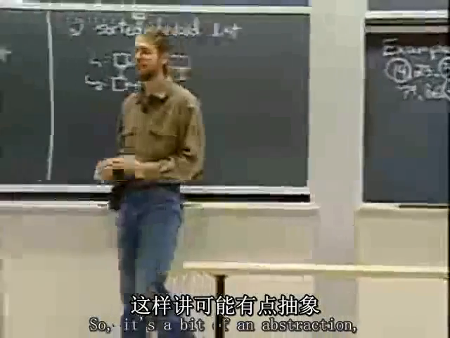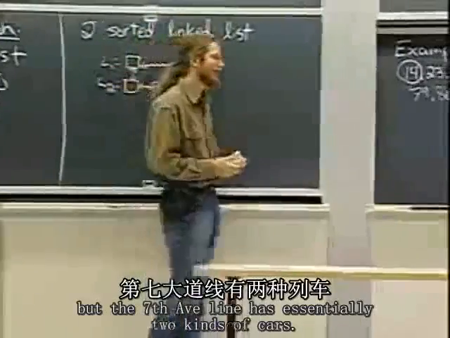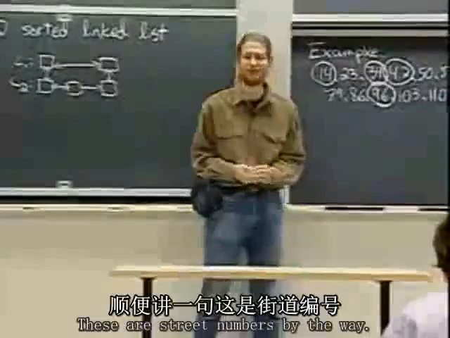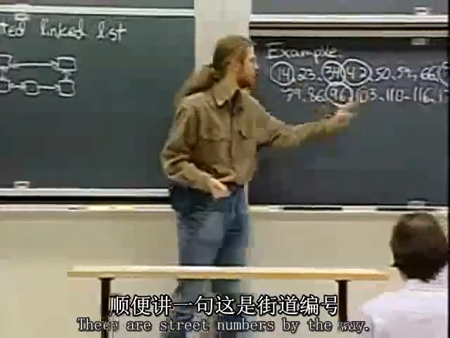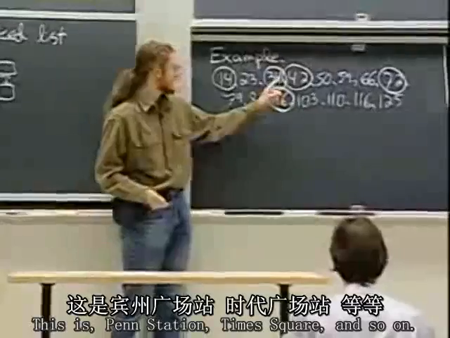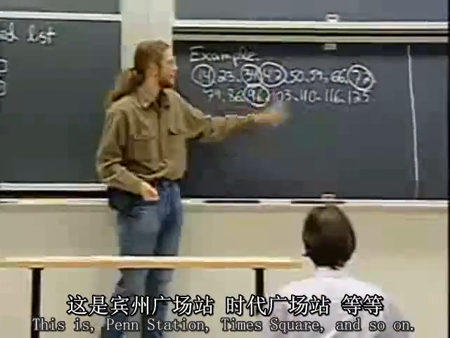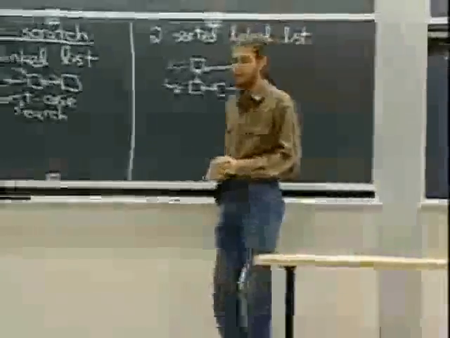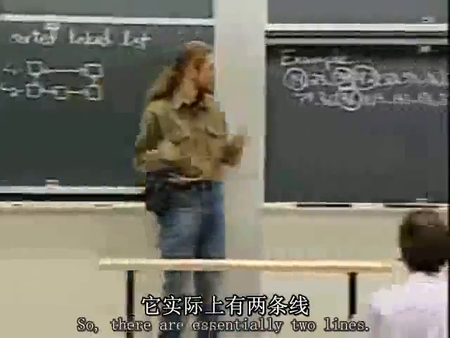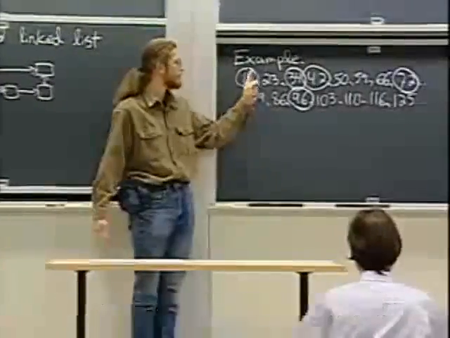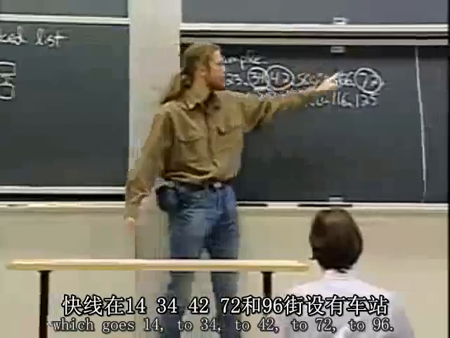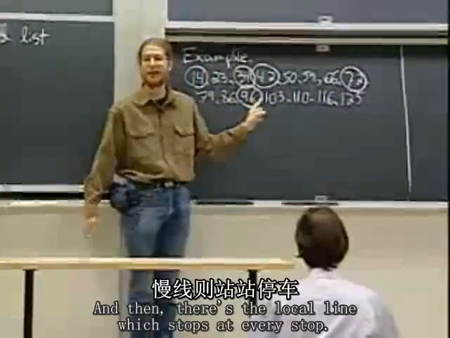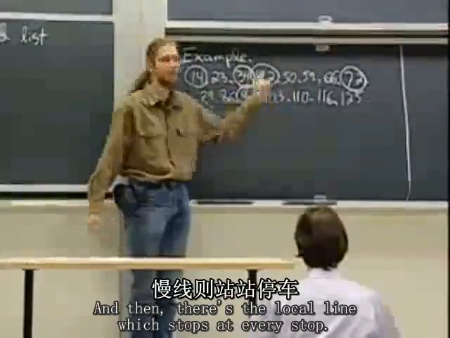So it's a bit of an abstraction, but the 7th Avenue line has essentially two kinds of cars. These are street numbers, by the way. This is Penn Station, Times Square, and so on. So there are essentially two lines. There's the express line, which goes 14 to 34 to 42 to 72 to 96. And then there's the local line, which stops at every stop.